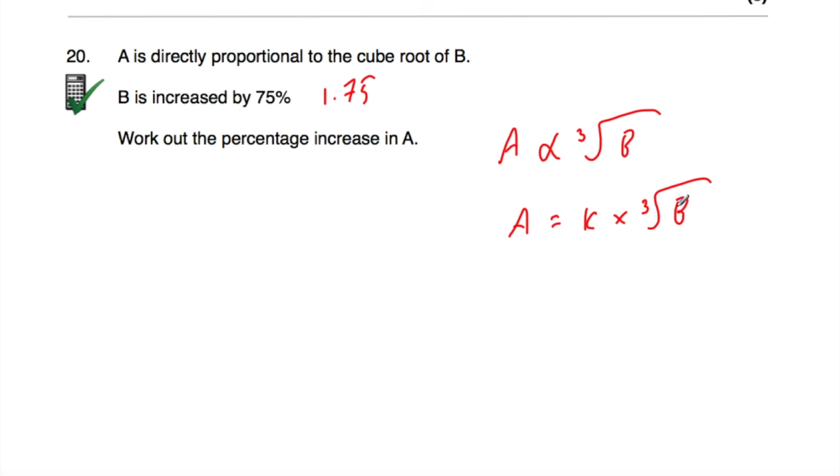So let's replace the B with 1.75B. We'd have A is equal to K times the cube root of 1.75B.